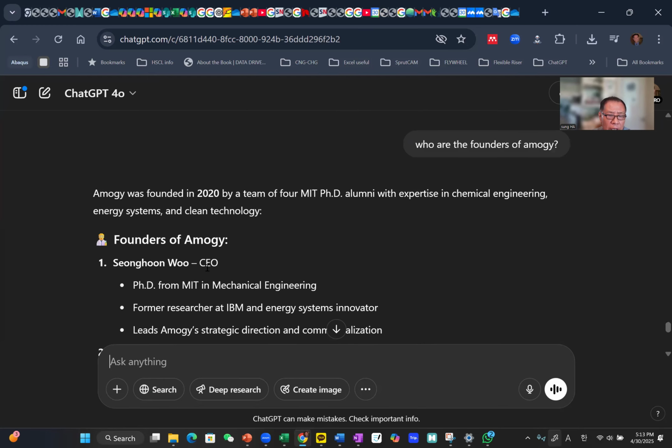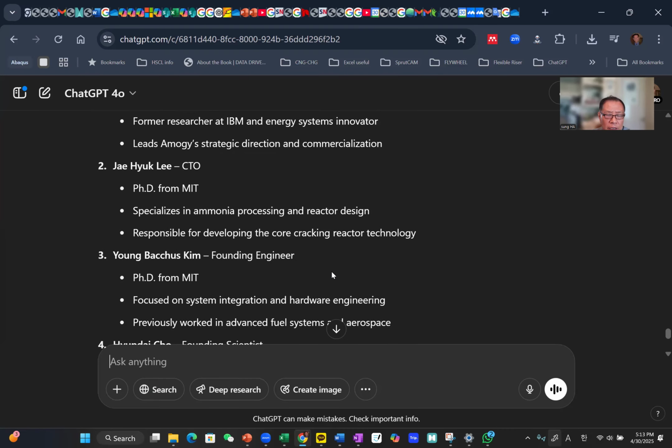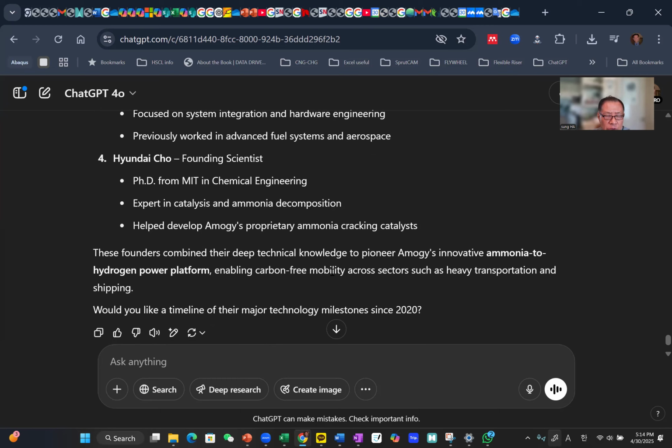So they are Korean MIT guys, and they started the company in the United States. That's why Hanwha invested a lot of money, and not just Hanwha, but also other companies like Aramco. So this is a really promising technology that solves a lot of issues like the safety issue and also the density issue and so on.